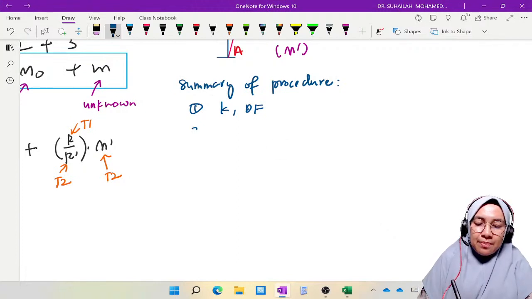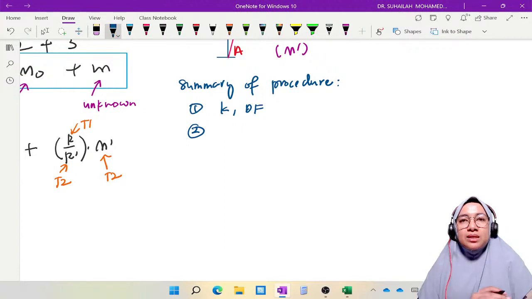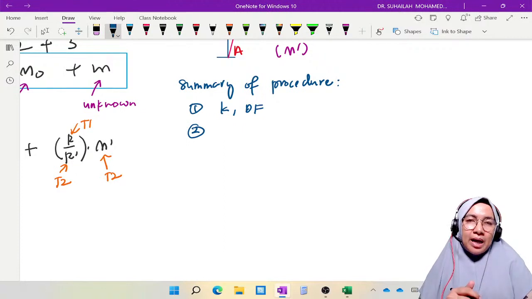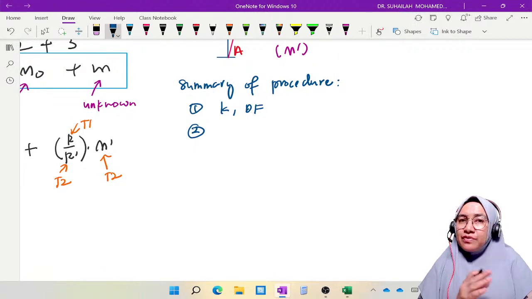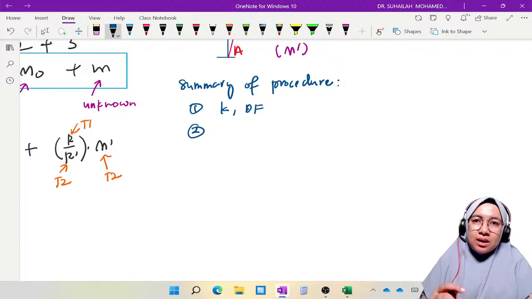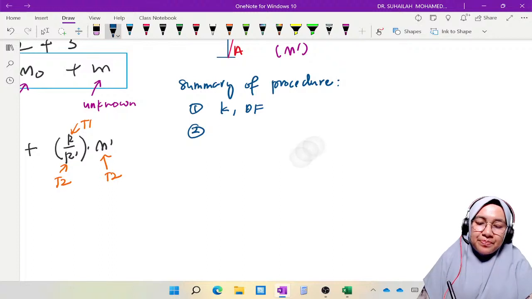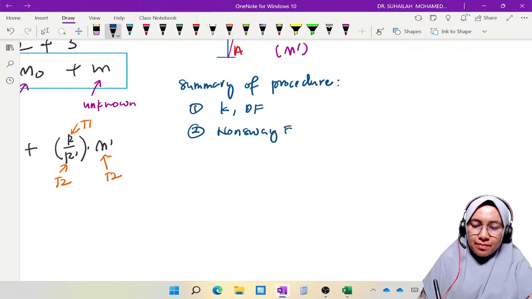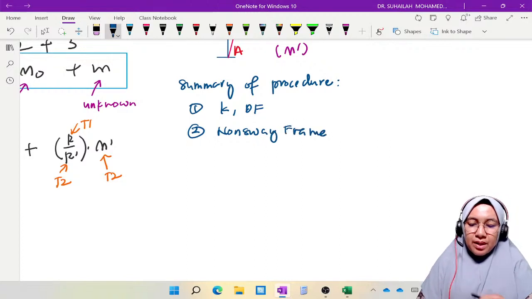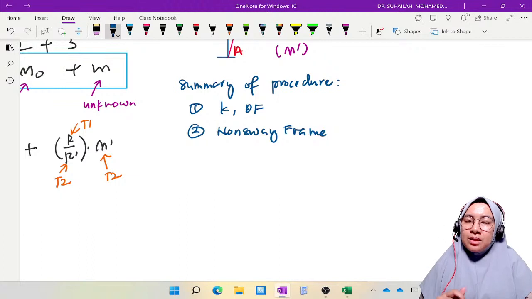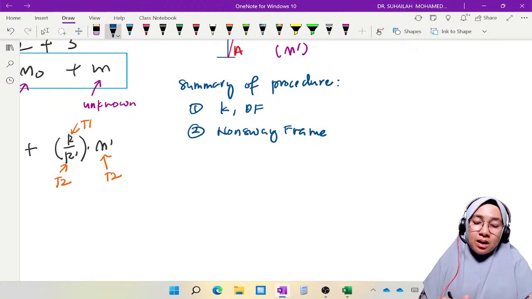Okay, the second step is focusing on the first table, which is the non-sway frame analysis. This is table number one.